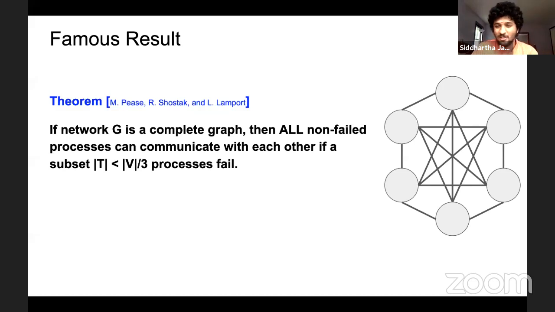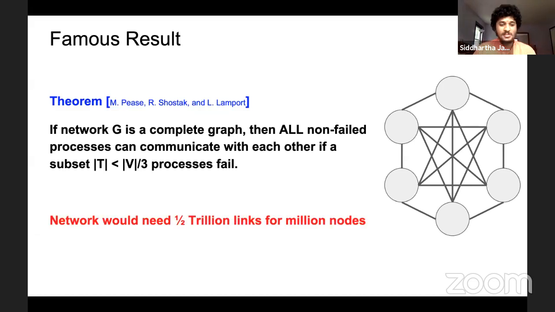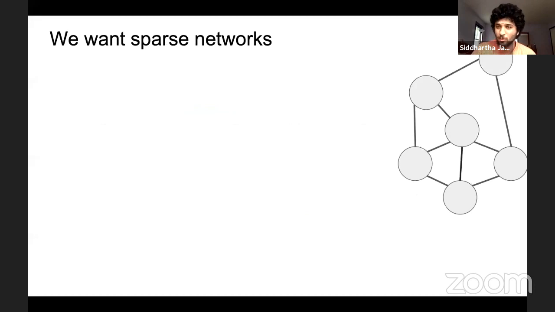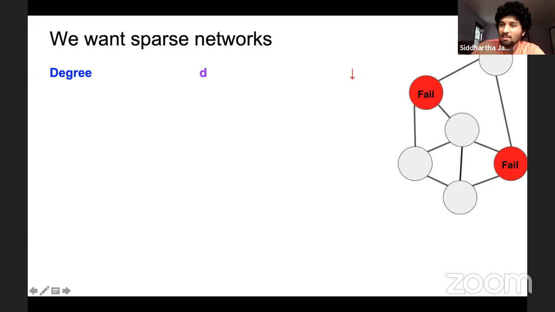However, if we want to have a complete graph over nodes, then we would need like 500 billion links even for just a million processes. So in this work, we're interested in sparse networks, G. So if you have a sparse network where the degree has to be low and some of the nodes fail, then some other nodes can become disconnected from the rest of the graph.